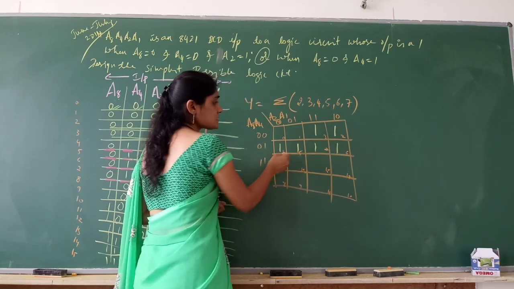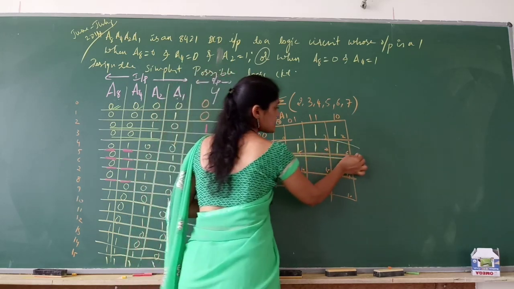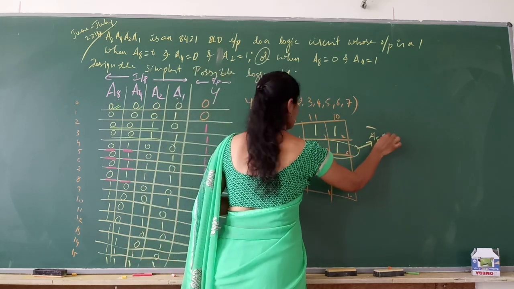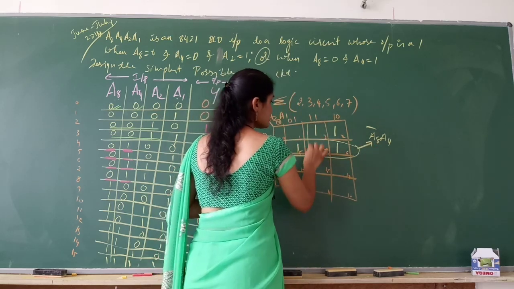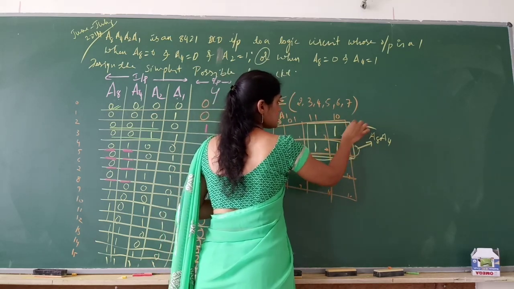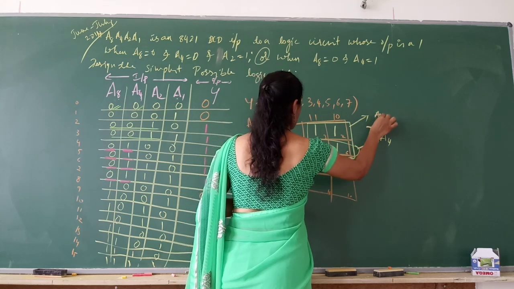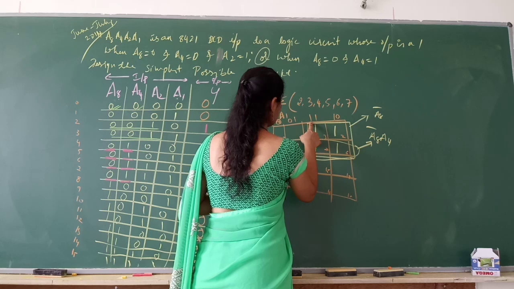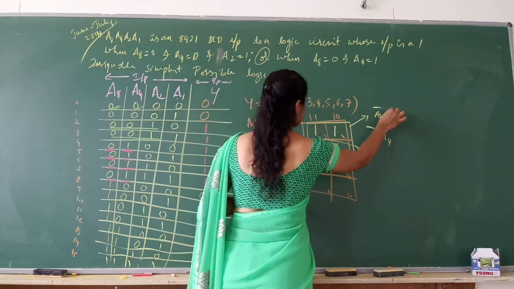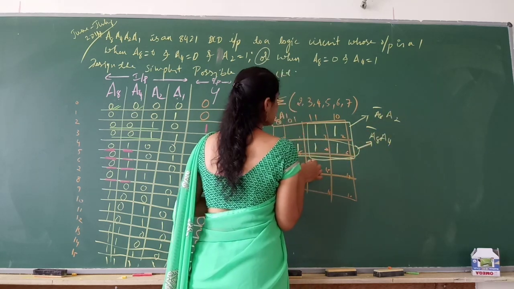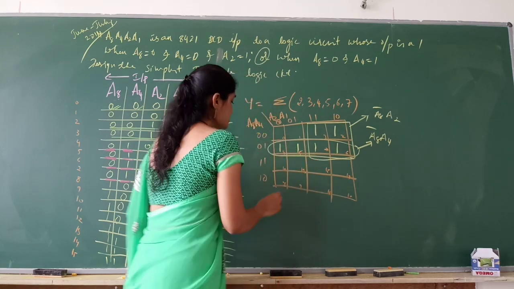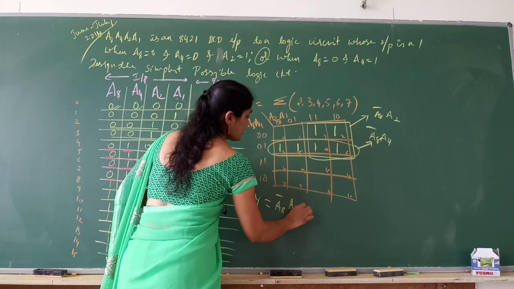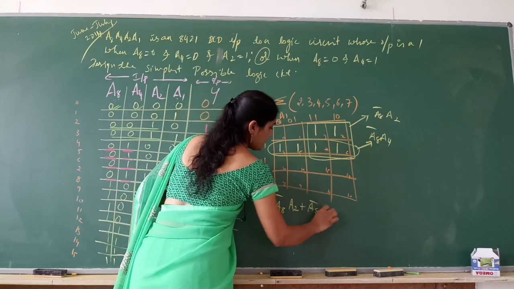So how do you group the cells? 4, 5, 6, 7. All these are adjacent, correct? So what is the equation we get? A8 bar A4. Similarly, 2, 3, 6, 7 are adjacent. So what is the equation we get? A8 bar, and here it is A2. A8 bar A2. Correct? Right. So the equation is Y is equal to A8 bar A2 plus A8 bar A4.